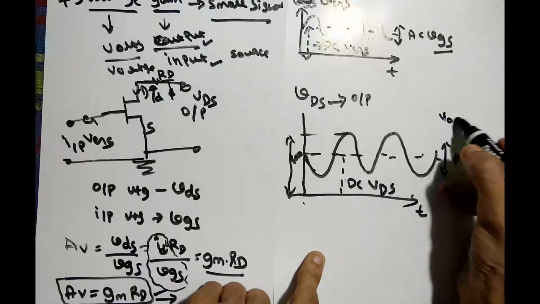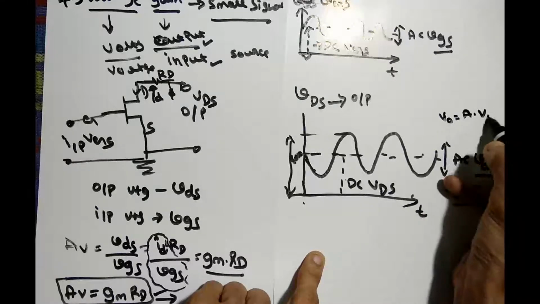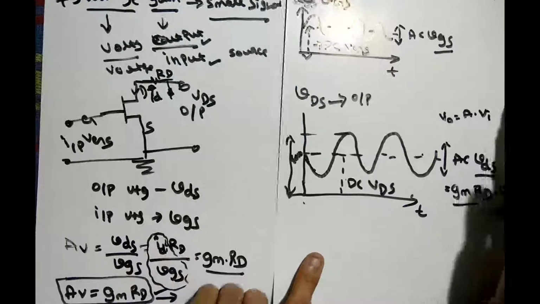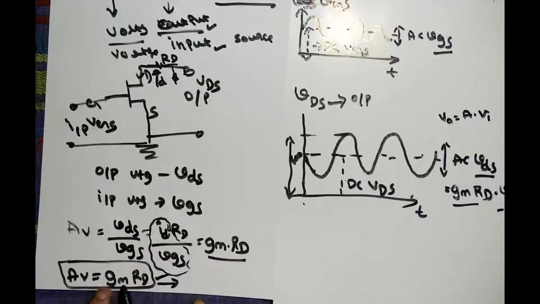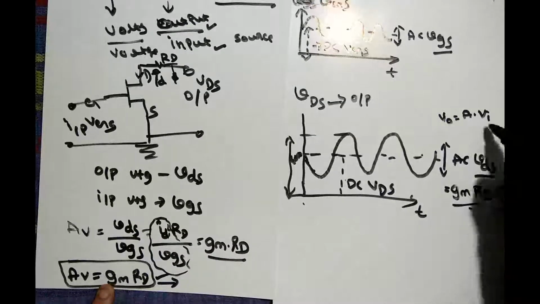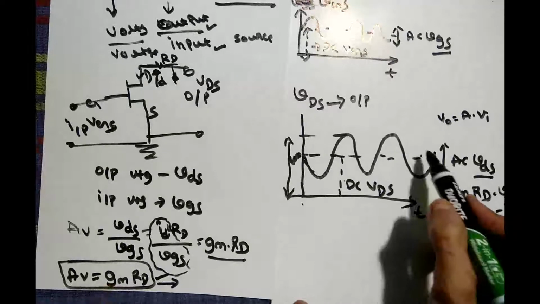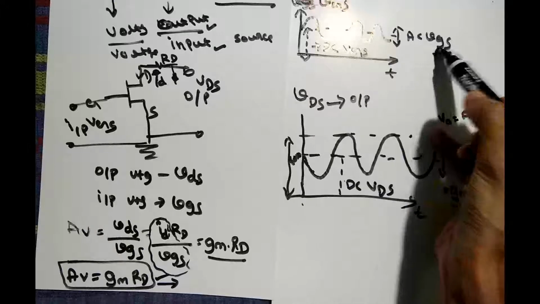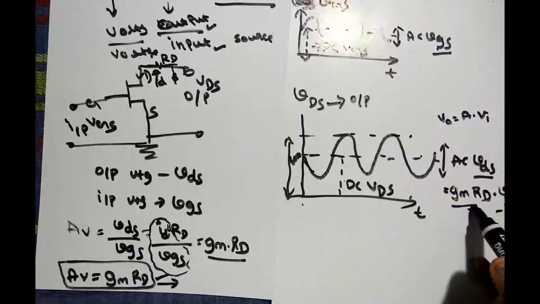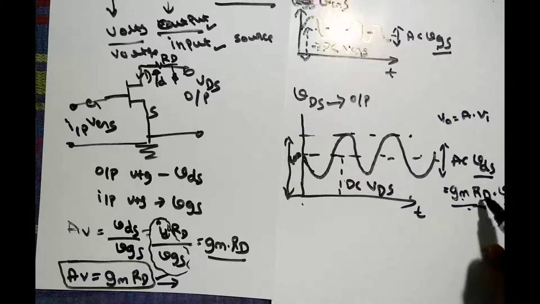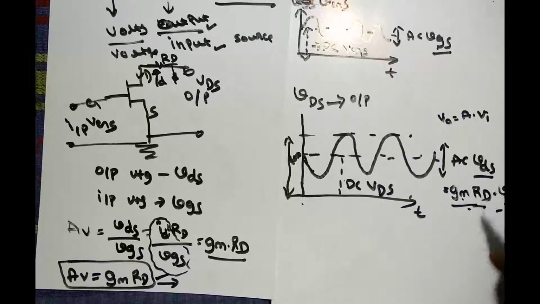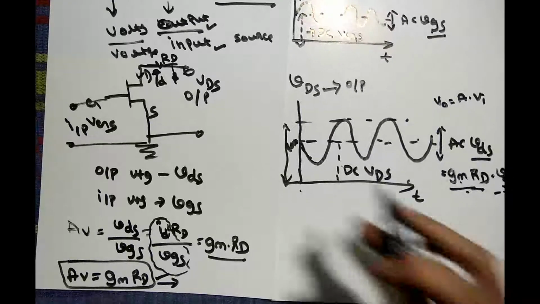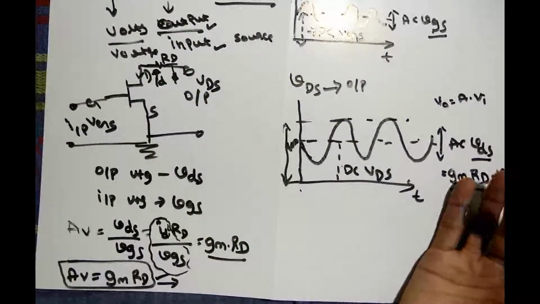So V0 is equal to A into Vi, or Av into Vi. Av is what we got previously, gm RD. That is what I have written. Vi is nothing but vgs, multiplied with gm and RD, that means transconductance and whatever output resistance we used. This is how the voltage gain can be represented in the small signal model.